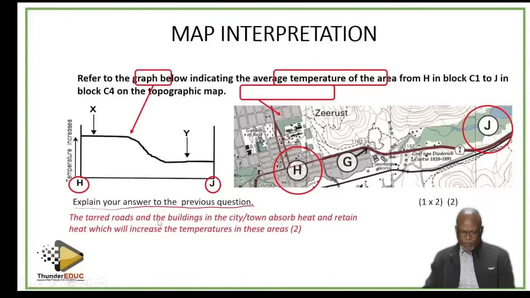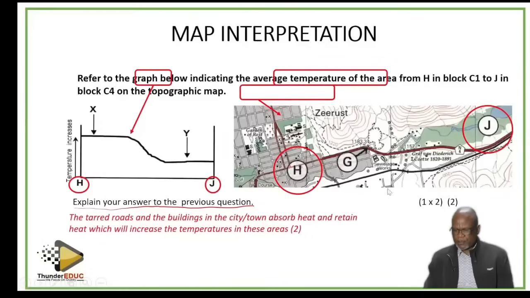Now we're saying the tarred roads and buildings in the city and town absorb heat and retain the heat, which will increase the temperature in this area, resulting in an urban heat island. And then what will happen now in rural areas? Natural surfaces are going to reflect, or trees are going to absorb. Here we're saying trees are going to absorb heat, and you can say water masses are also going to moderate the temperatures.